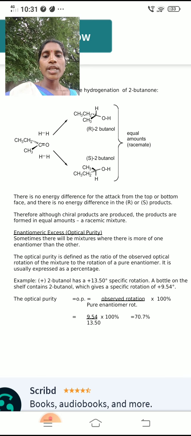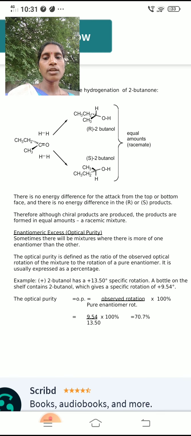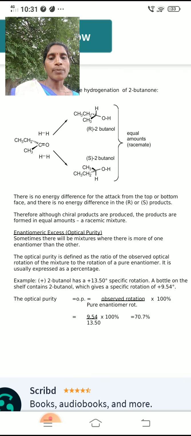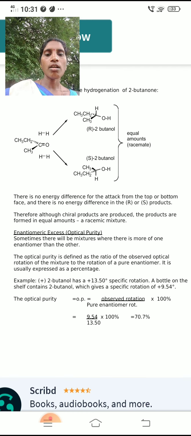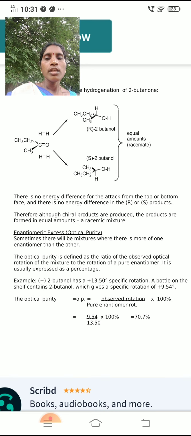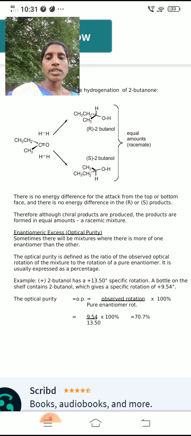The optical purity is defined as the ratio of the observed optical rotation of the mixture to the rotation of a pure enantiomer, otherwise known as enantiomeric excess. This optical purity is usually expressed as a percentage.